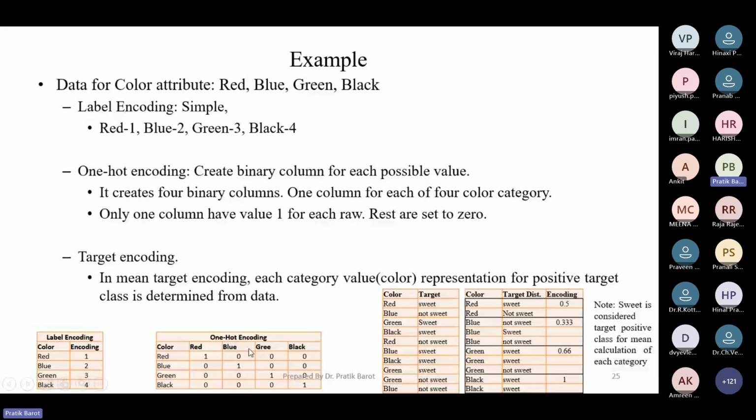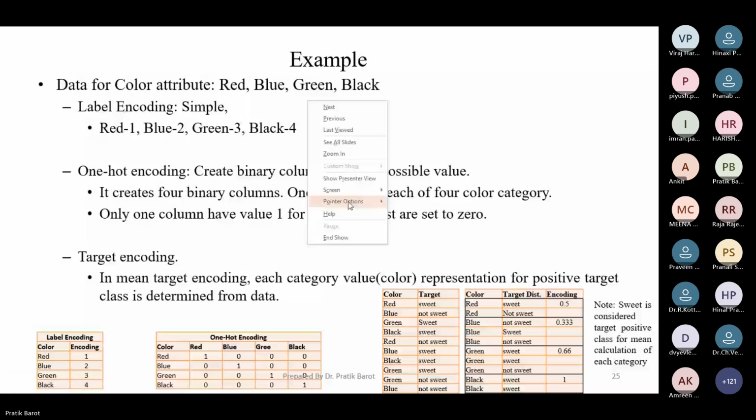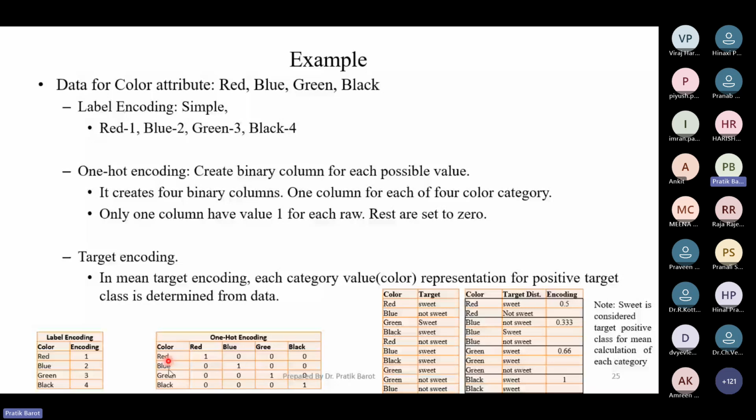So here you can see in this one-hot encoding table, we have the color value. We create the first column called red. This is a binary column. It has value 1 when the original tuple has the value red, and the rest of the columns have the value 0. In the second tuple, the original color is blue, so we set the column blue to 1 and the rest of the columns are set to 0.